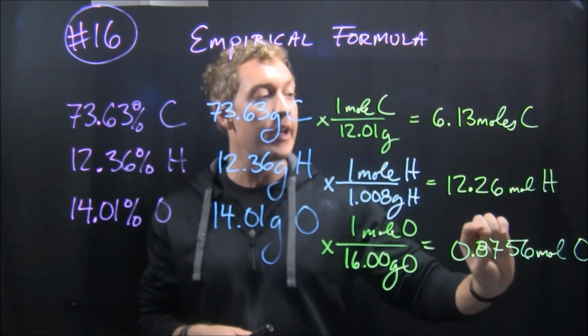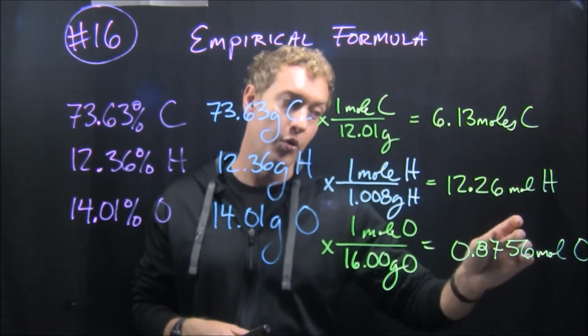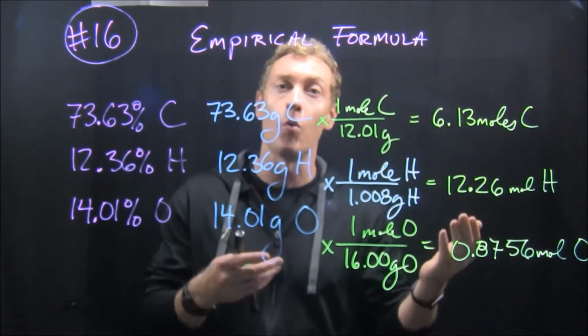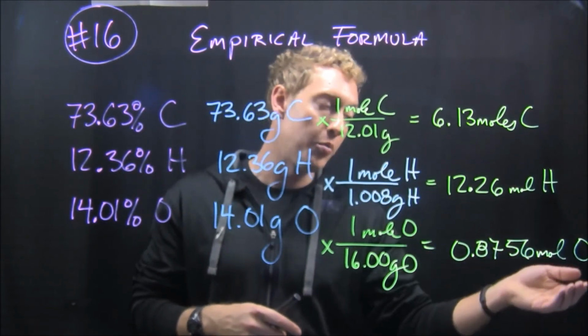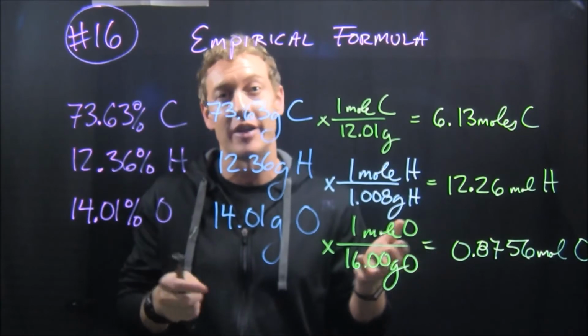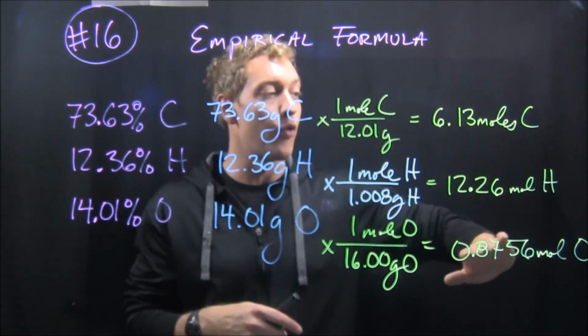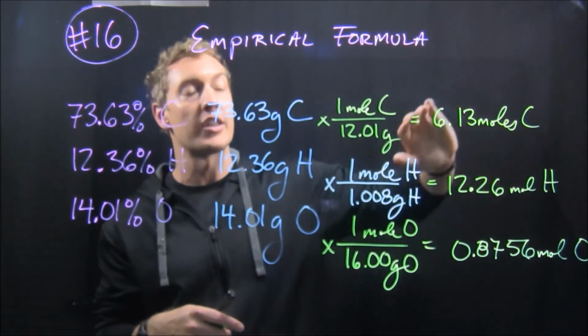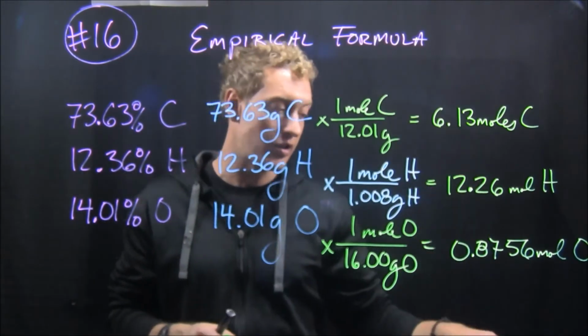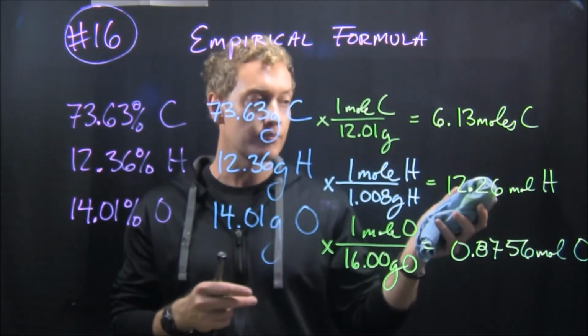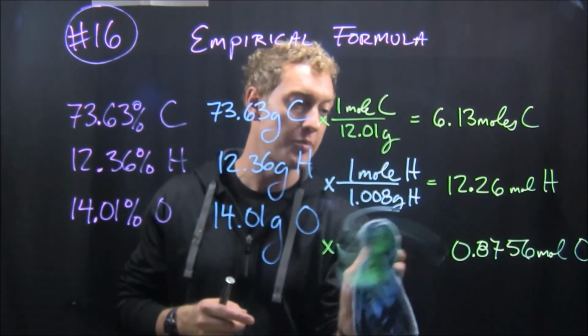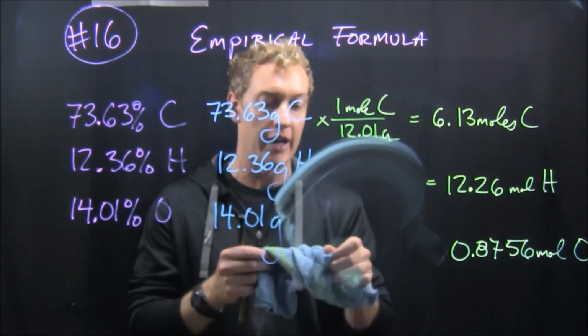Because if I divide 0.8756 by 0.8756, that's going to equal 1. And that means I have the 1 mole of oxygen, and that's the simplest whole number you can have. And if I get that for oxygen, that's going to put everything else in terms of the oxygen. So that's how we're going to get that simplest whole number ratio value.